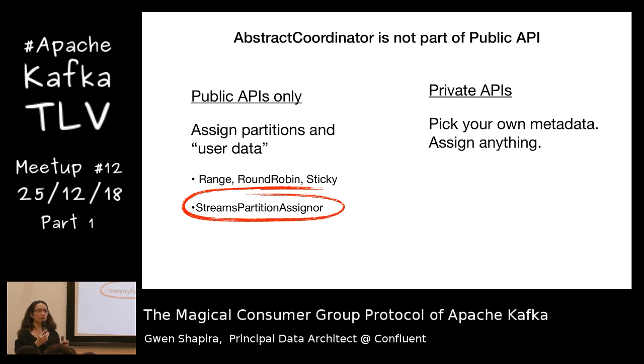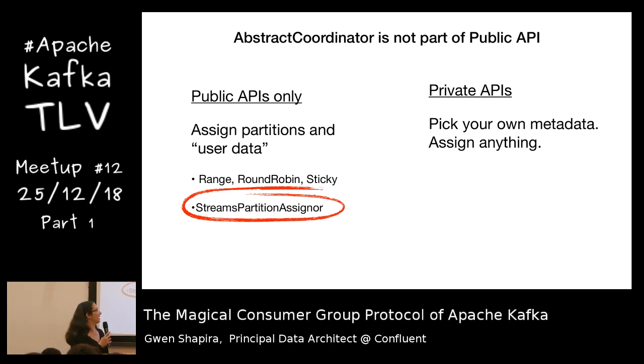One of the things you will always assign is partitions, but you also have a lot of user data that you can use to figure out how to assign partitions and what else to assign with them. You do it by overriding the assigner and the user data that arrives together with the list of topics you're interested in. So I'm going to show you how to do it.